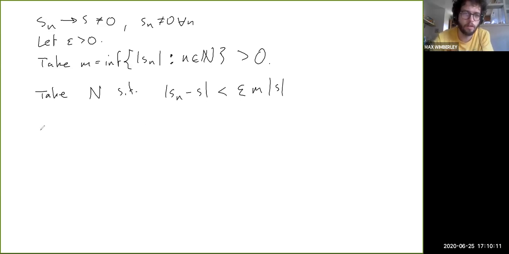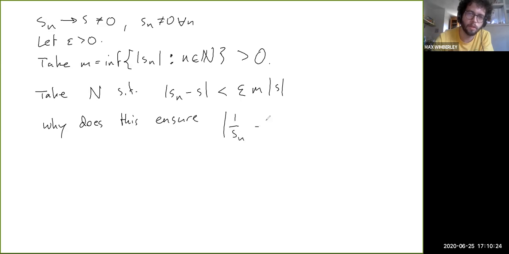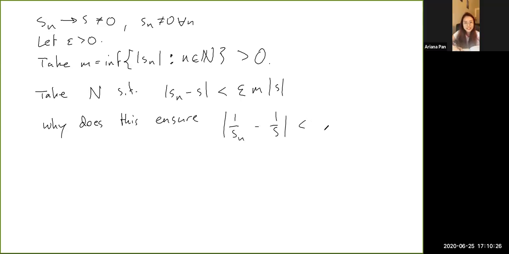Okay, so now the question, if I understand correctly, is why does this ensure that the absolute value of 1 over Sn minus 1 over S is less than epsilon, right?